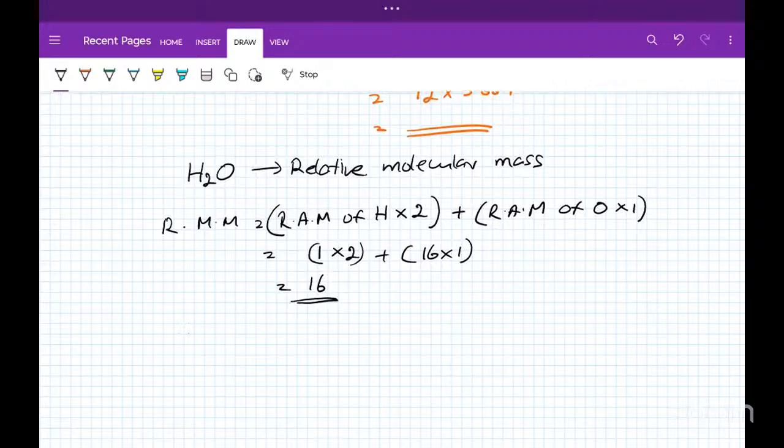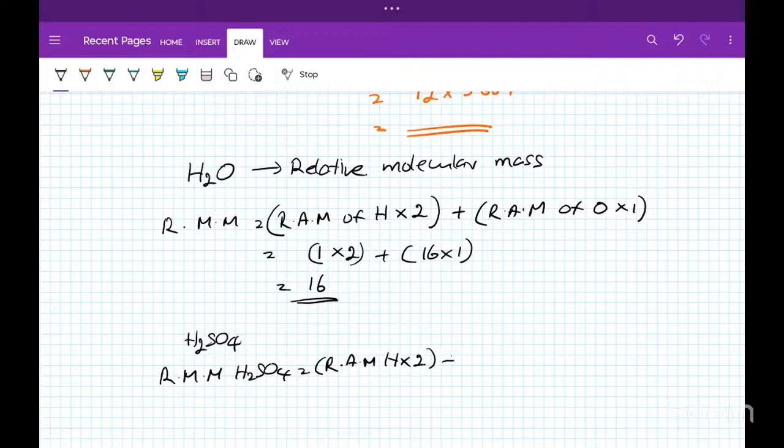If I go further, the relative molecular mass of H2SO4 is the relative atomic mass of hydrogen into 2, plus sulfur into 1, plus oxygen into 4.